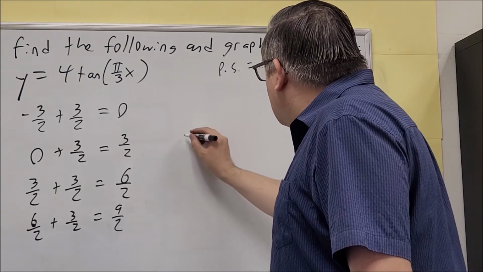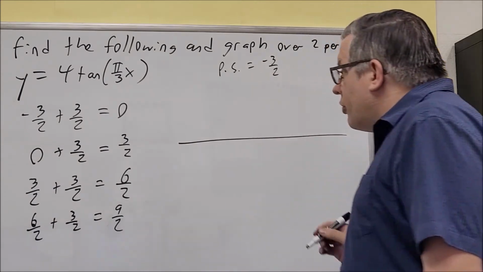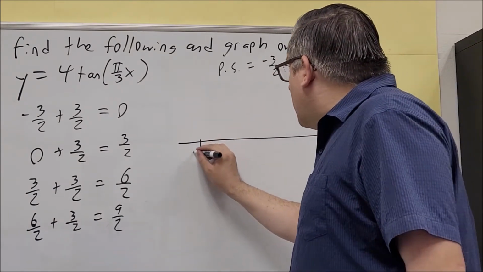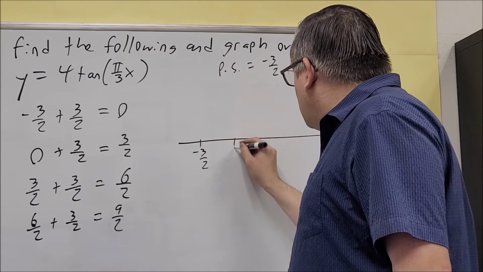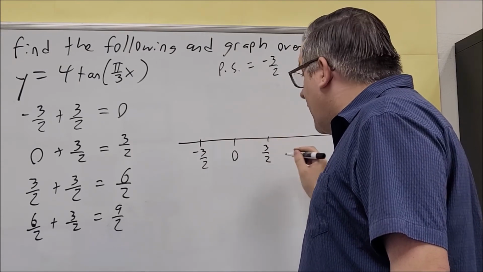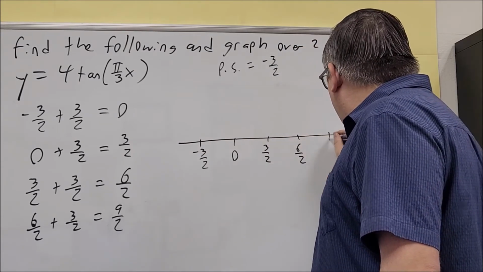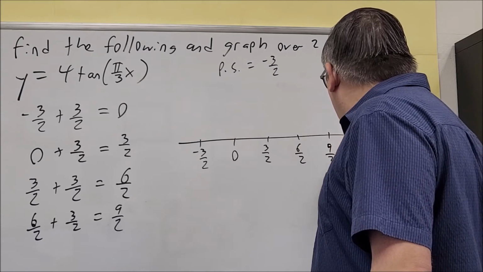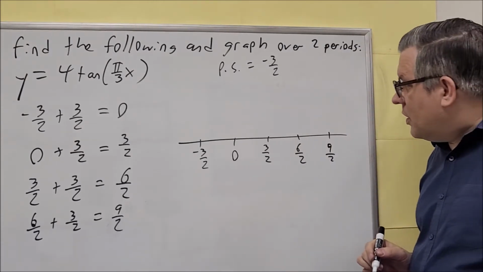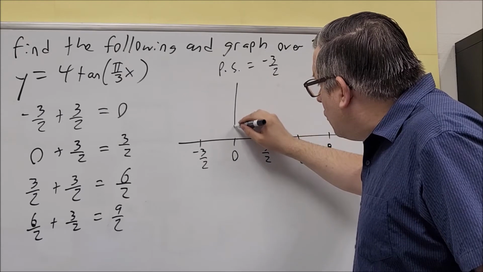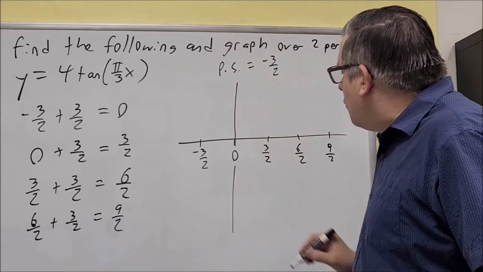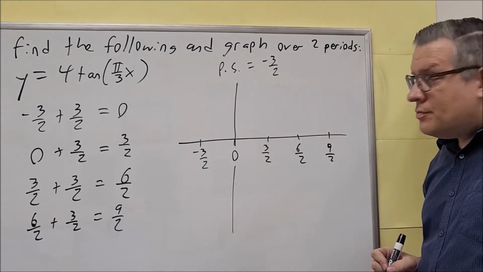Let's draw that and do the graph. I have negative 3/2, 0, 3/2, 6/2, and 9/2. We can draw in the y-axis, which is going to go right through there at 0.